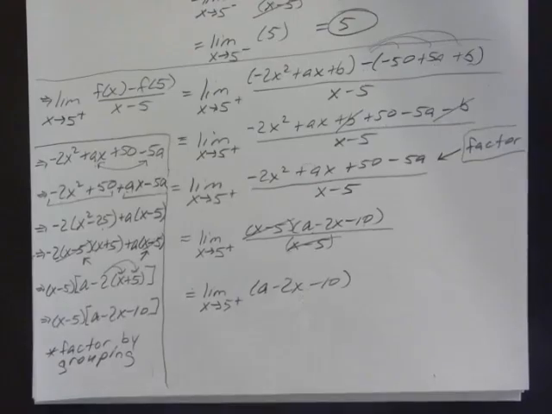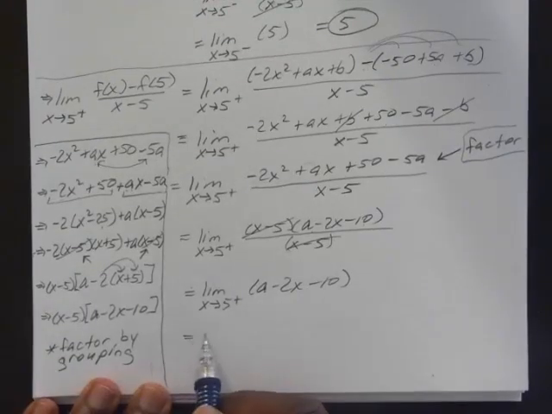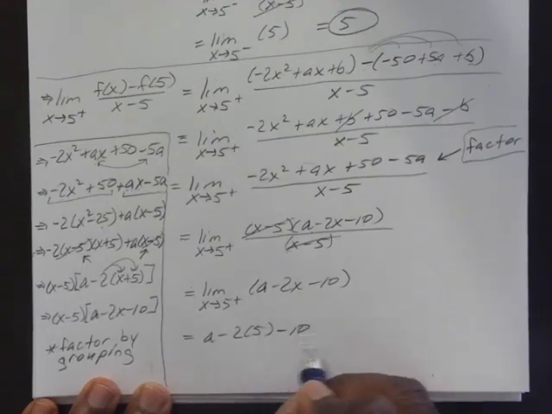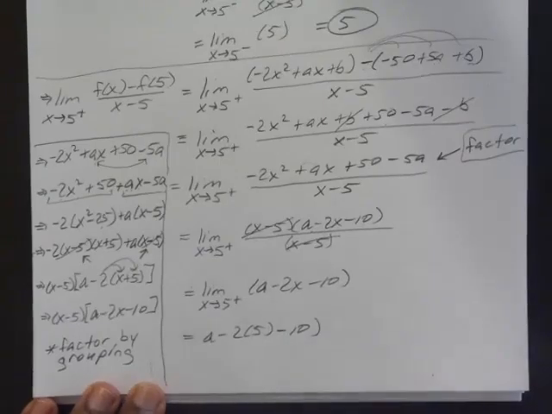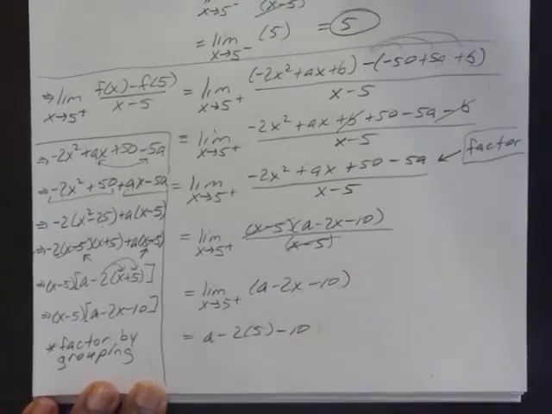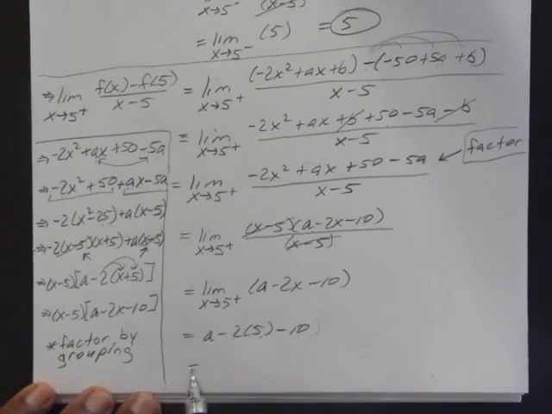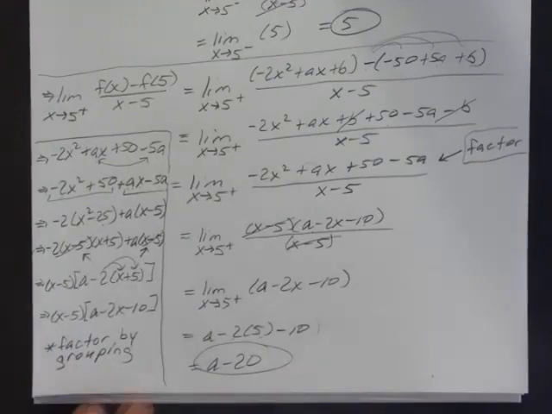If we use direct substitution, that just leaves us with a minus 2 times 5 minus 10. Negative 2 times 5 is negative 10. Negative 10 minus 10 gives us negative 20, so we have a minus 20.